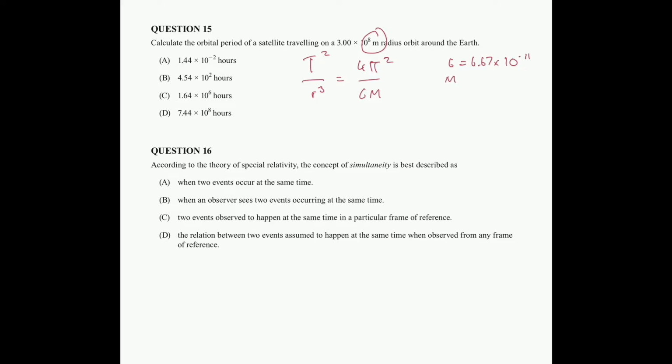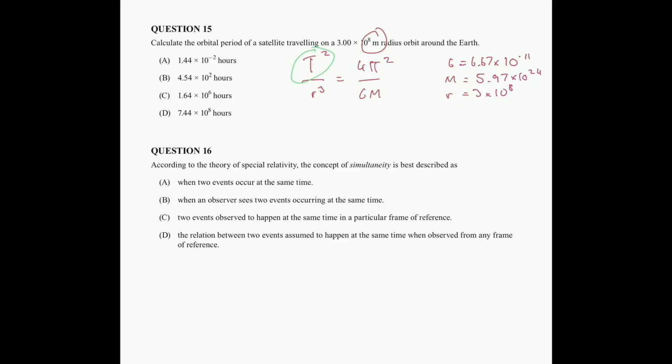M is the mass of the object that we're orbiting, in this case Earth, and that too is in the formula book, and that is 5.97 times 10 to the 24. And we also know the radius this object is orbiting at, R is equal to 3 times 10 to the power of 8. And then from there, we can rearrange and solve for T.